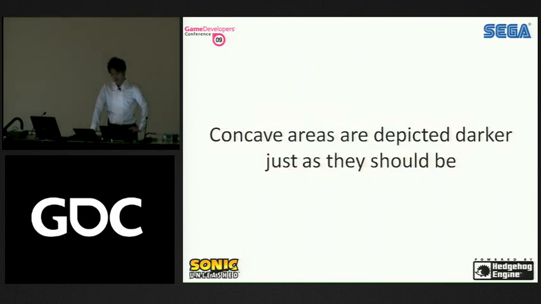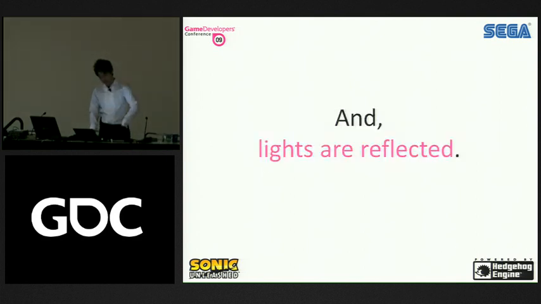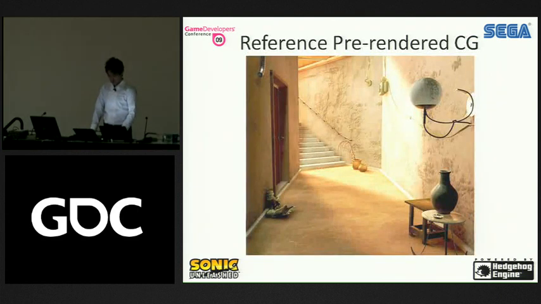By taking a look at pre-rendered CGs, in general, they have a good 3D image. By and large, they have a good three-dimensional presence. Dented areas are depicted darker, just as they should be, and the lights are reflected.